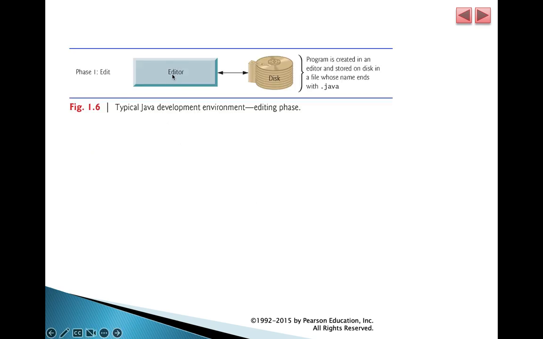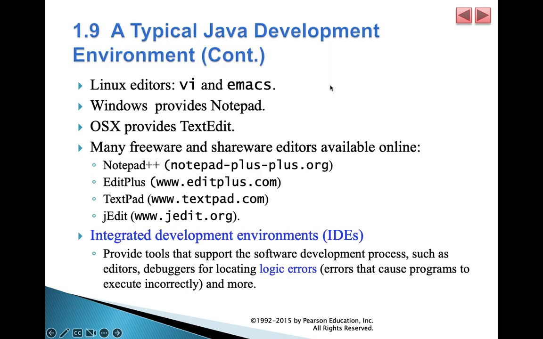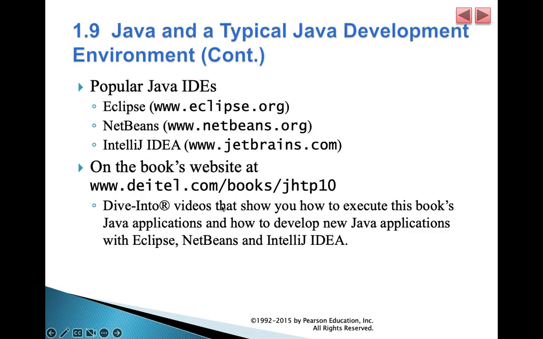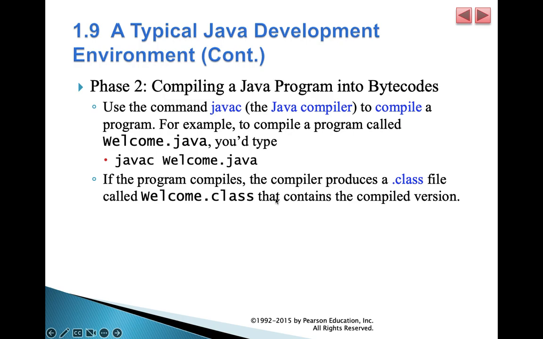After we edit, we save it as a .java file. We can use an editor, but it's better to use an IDE to see the errors, like the popular IDEs Eclipse, NetBeans, IntelliJ, and many others.